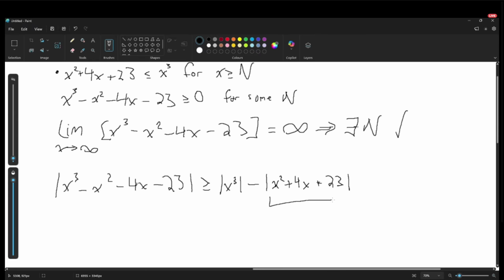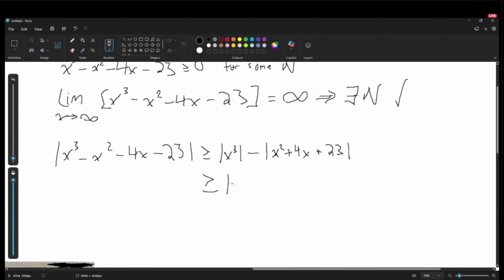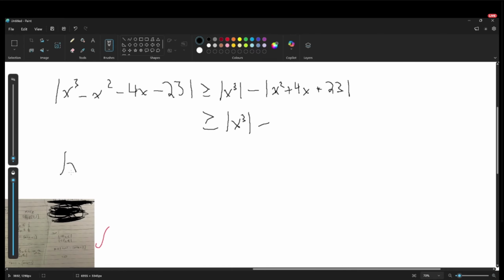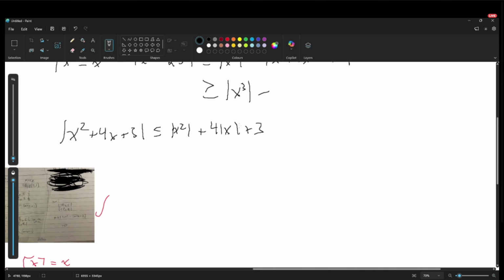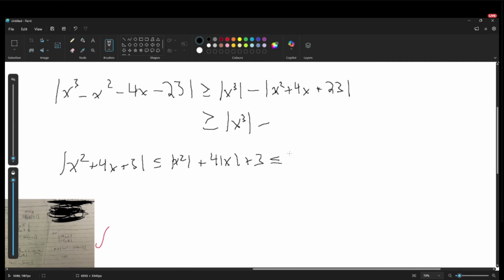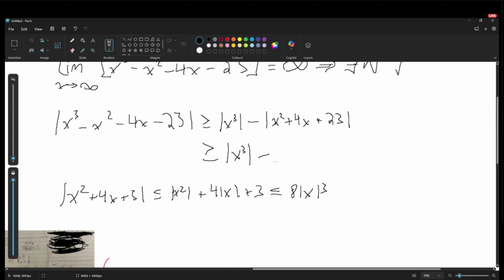And then you could show that this is necessarily something like this, where you use an inductive argument, and you can show that x squared plus 4x plus 3 is always less than or equal to x squared plus 4 absolute value x plus 3, and then that is less than or equal to 8x cubed.